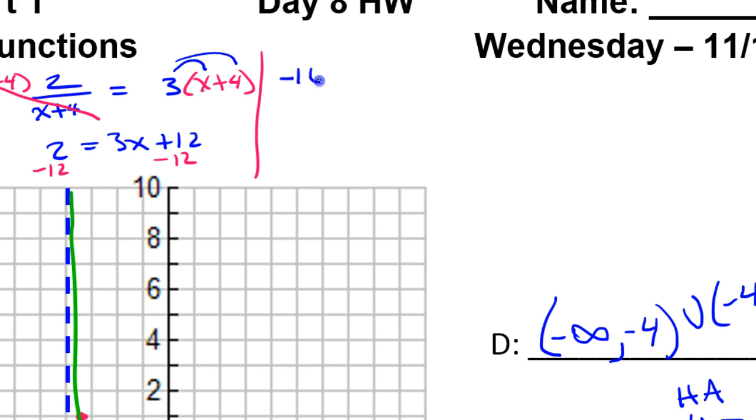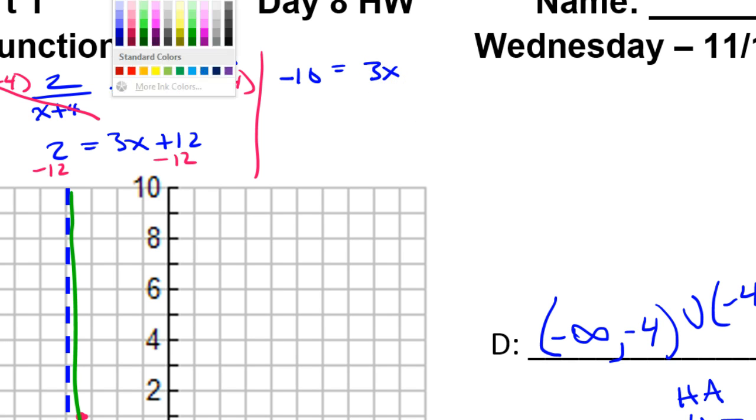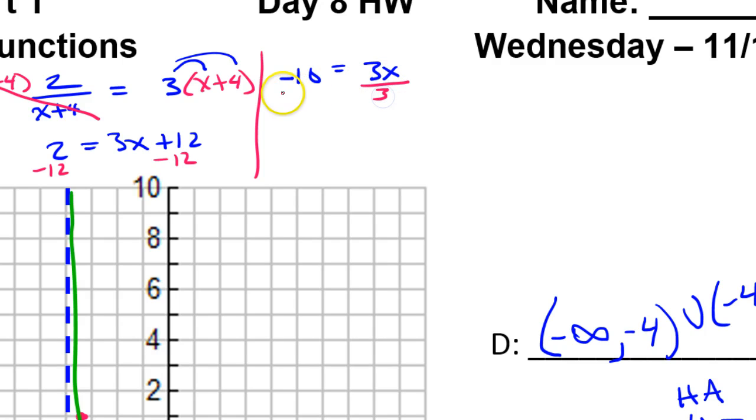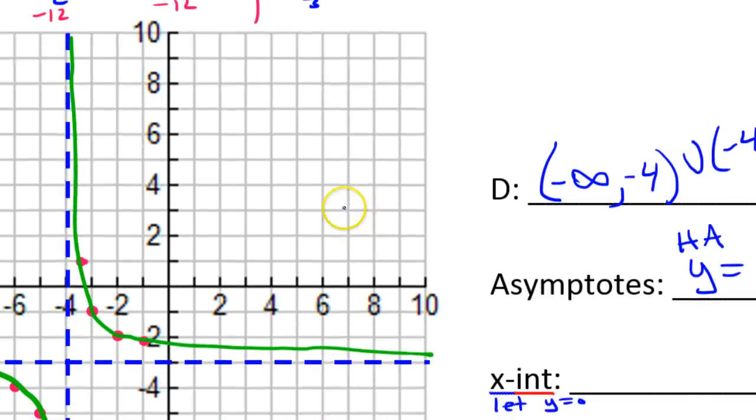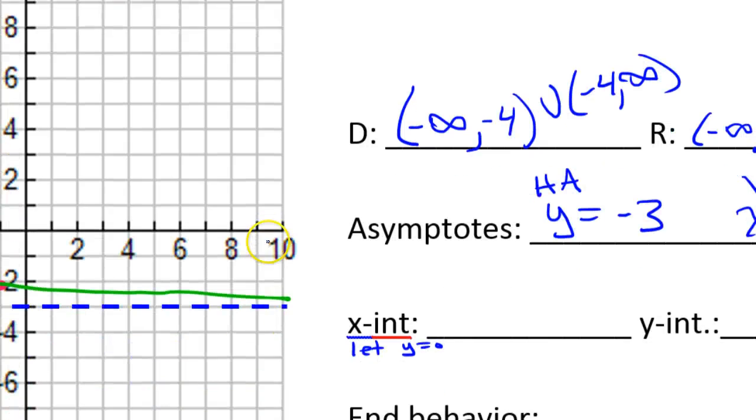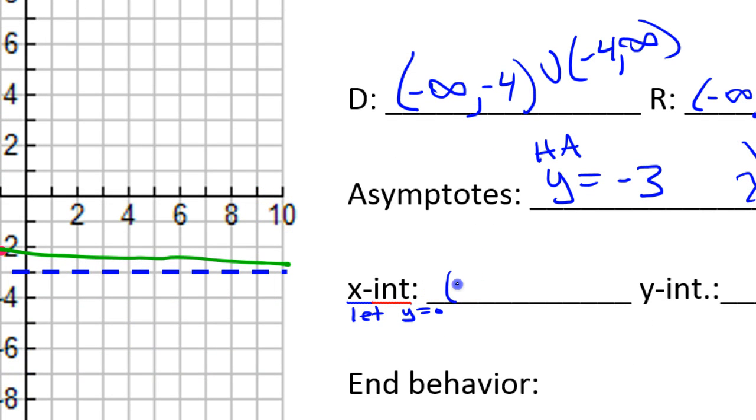That's going to give me negative 10 is equal to 3x. And last step is to divide both sides by 3. Okay, so there it is, negative 10 over 3. I've solved for x, so this is my x-intercept. Just remember that negative 10 over 3. The x-intercept is an ordered pair, so I'm going to say negative 10 over 3, comma, 0. Do not give me a decimal here, leave it as a fraction.